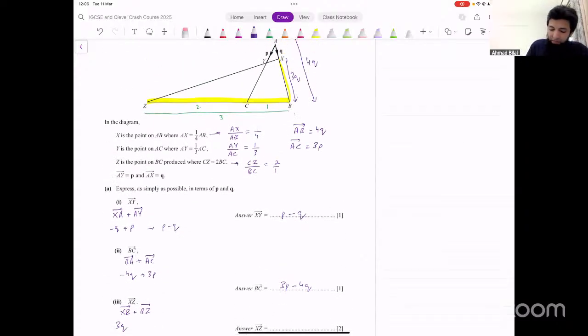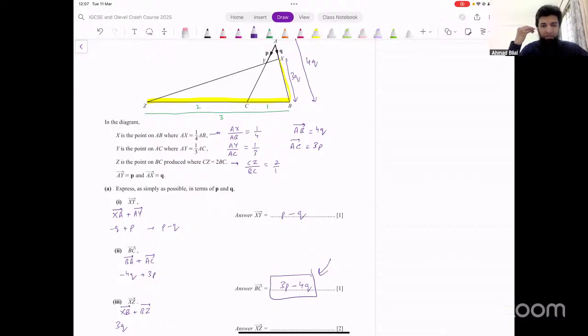And then we have to go from B to Z. What is that going to be? We know the ratio between these sides, right? This is 1 part, this is 2 parts, and the complete thing is 3 parts. Do we know any of these vectors? We know the vector BC. We found that in the previous part. BC vector is 3P minus 4Q.